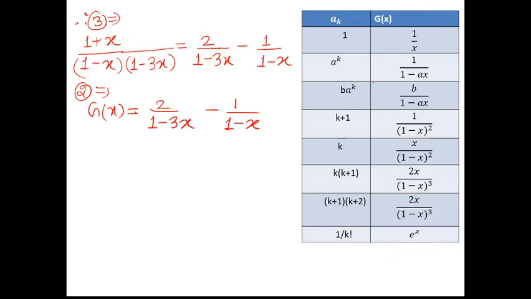So as per this third formula, we have this as 2 times 3 raised to n minus 1 upon 1 minus x. This is 1 upon 1 minus x, so its general term is nothing but 1. Now, the general term of g of x is nothing but a n. This way we have obtained the solution using the generating function.